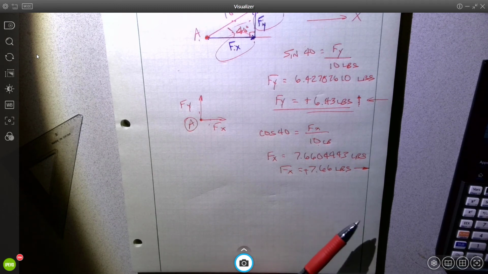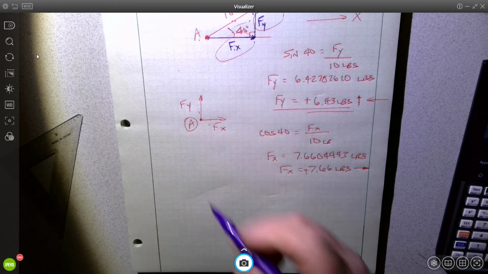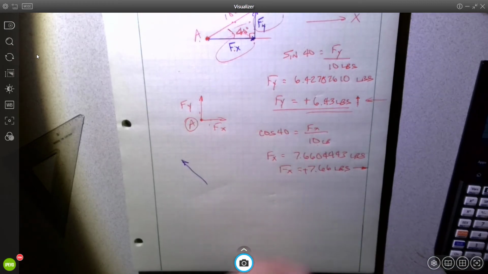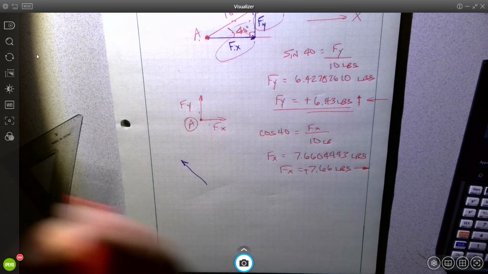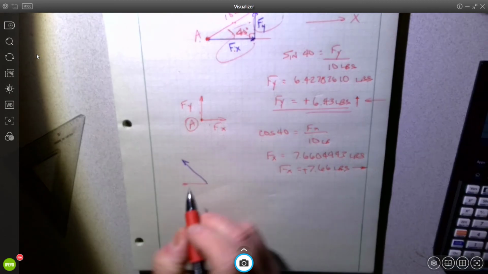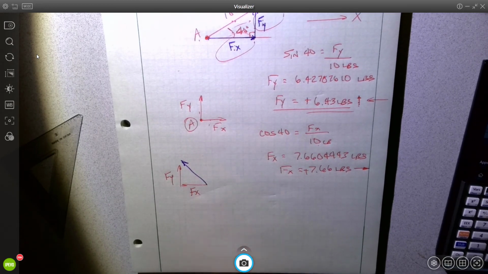Rectangular components. Whatever you're given, a vector over here, put in your components, sketch them in for me, label them, and then put your angle in and go to work. You're building right triangles to create those components.